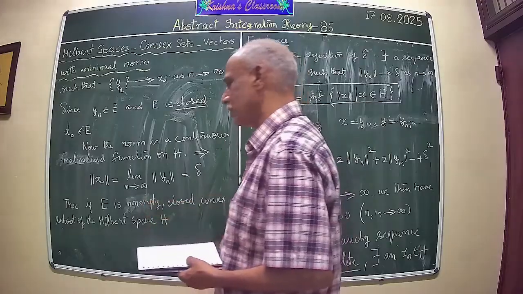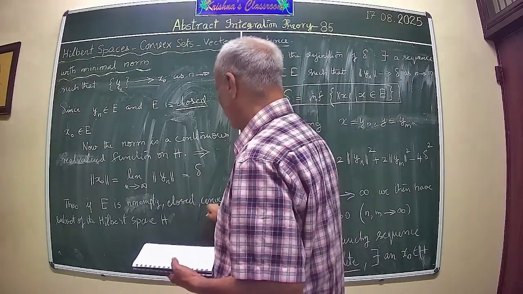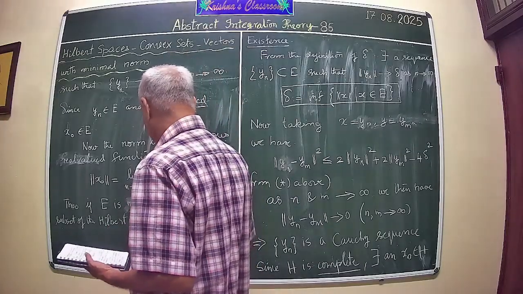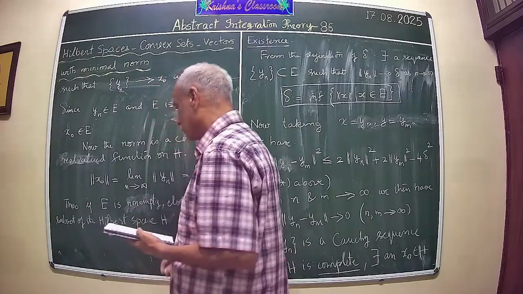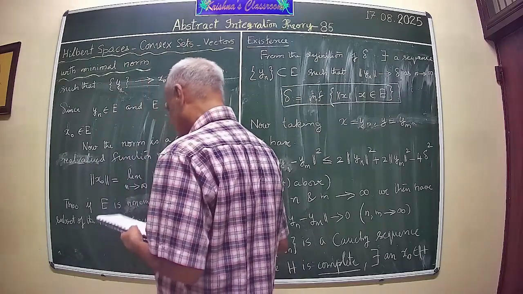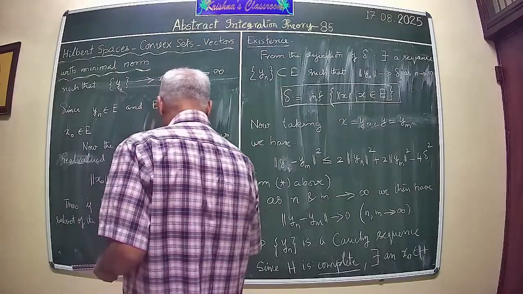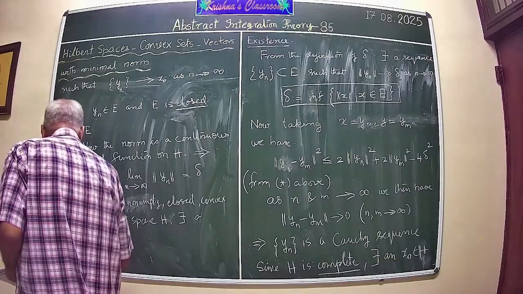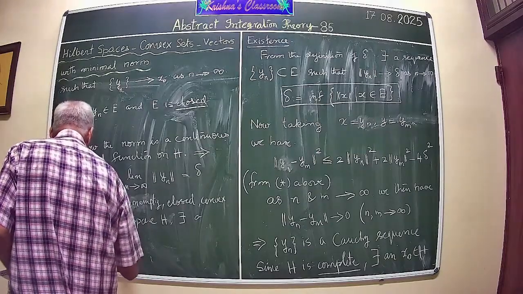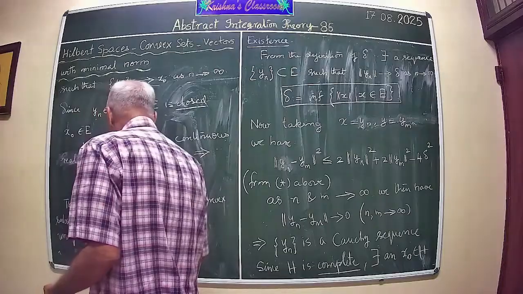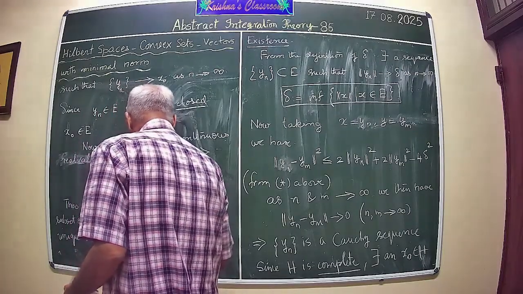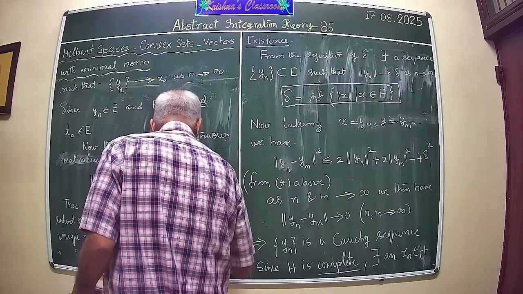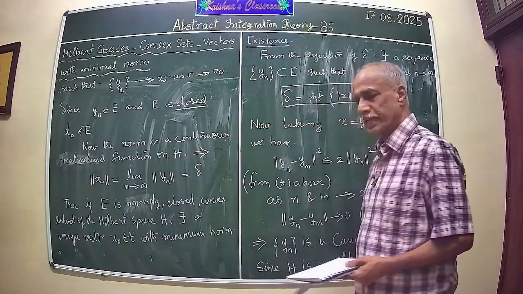Trivially you need non-emptiness, you require closedness, you require convexity, you require the completeness of the inner product space, in proving this theorem. Unique. So that completes the proof of the theorem.